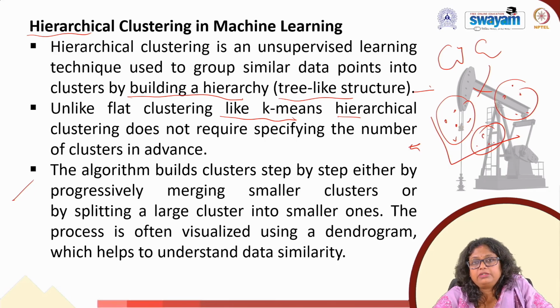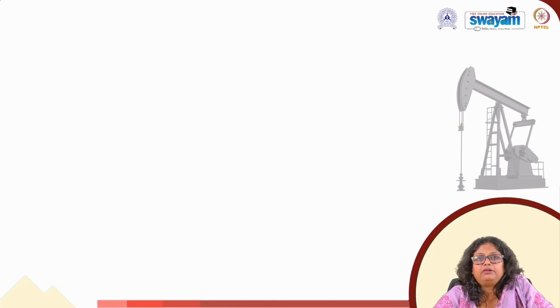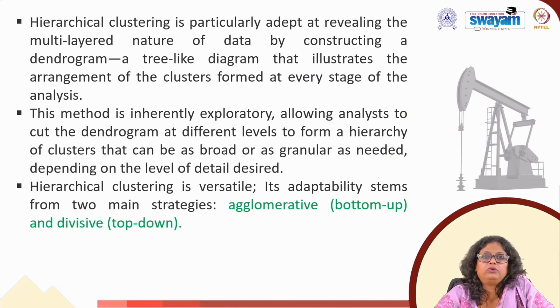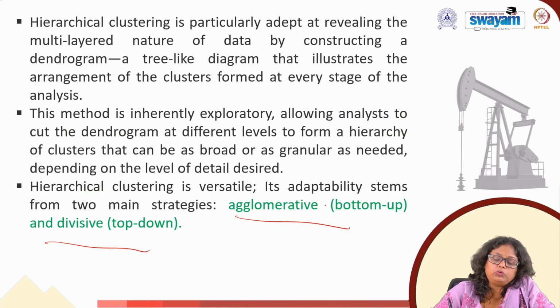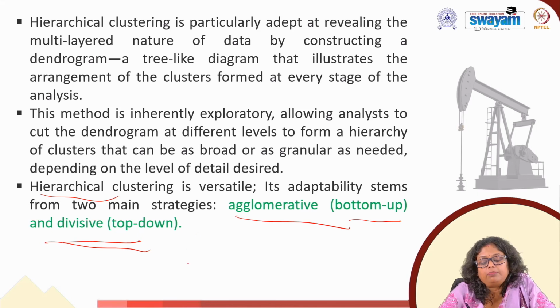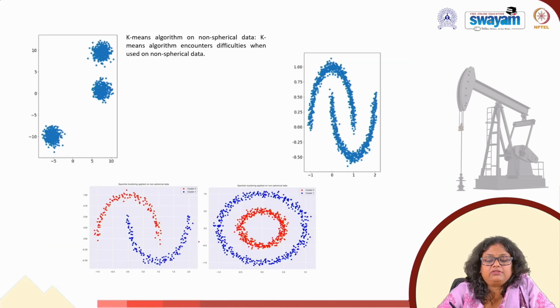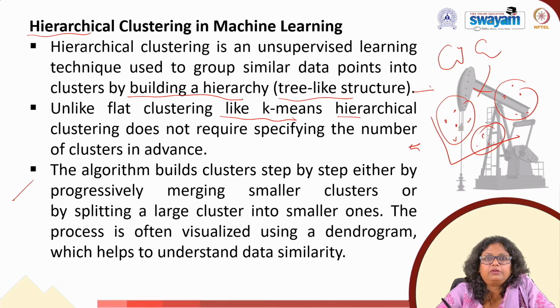One is agglomerative, which we call bottom up, and the other is divisive, which we call top down. We will come back to that.